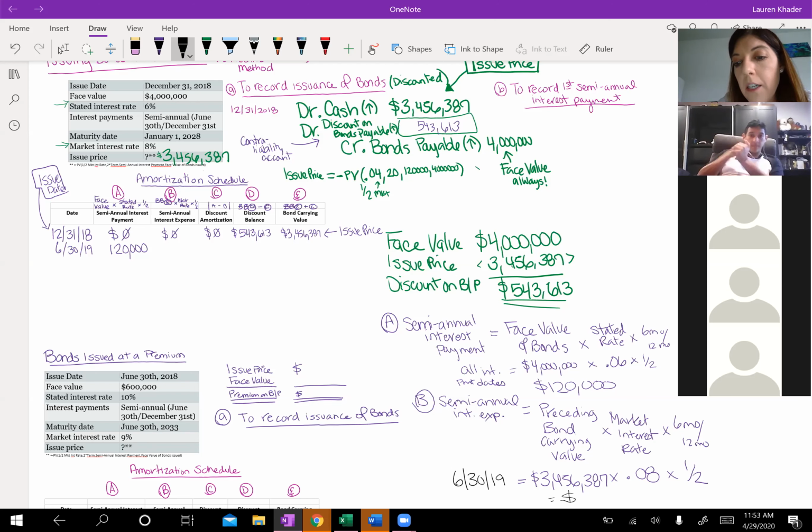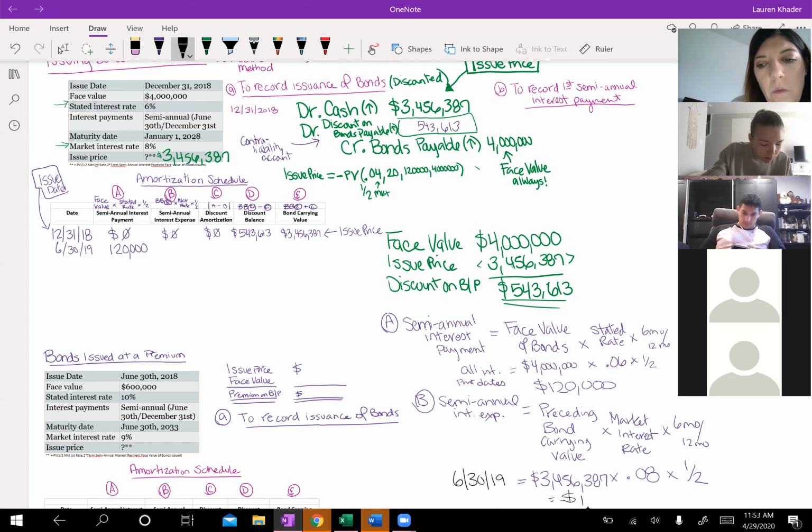How much are we going to record as interest expense on 6/30? Round it to the nearest dollar. If it's 50 cents or above, it's going to be rounded up. It's 138,255. Yep, 138,255.